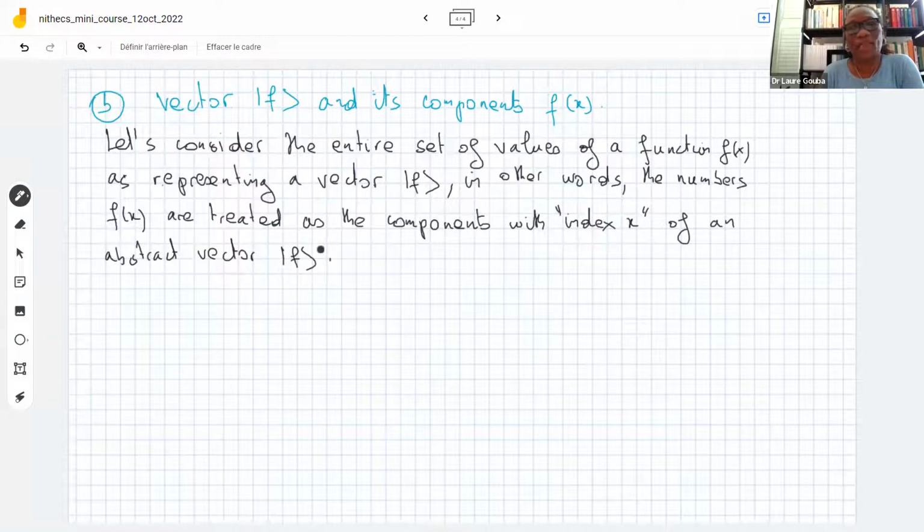Okay. So when we have a function f of x, and we consider the entire set of values of this function with x as a continuous variable, then this may be seen as representing an abstract vector that I call f with these notations.